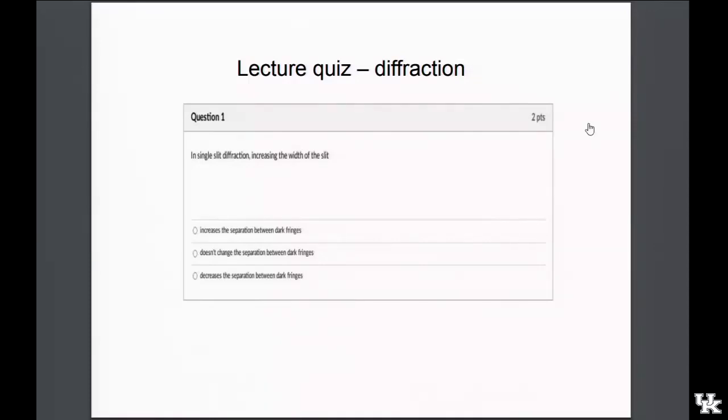Okay, so if you make the slit narrower in a single slit diffraction pattern, you make the pattern stretch out. You make the distance between dark fringes grow. And so making the slit width smaller grows the distances between the dark fringes.